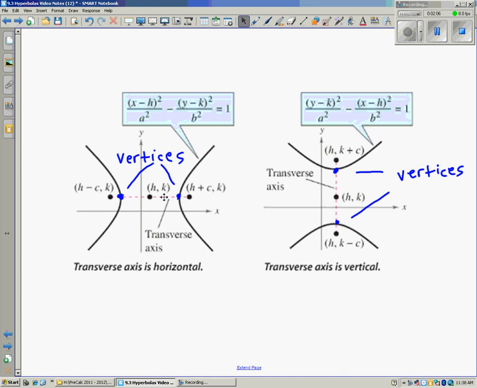Your transverse axis is between your vertices. When y is first, your transverse axis is vertical. Notice that your hyperbola opens up and down, and here are your vertices. So I would pause the video for a couple minutes and just draw a quick sketch of each hyperbola matching the equations that you already wrote down.